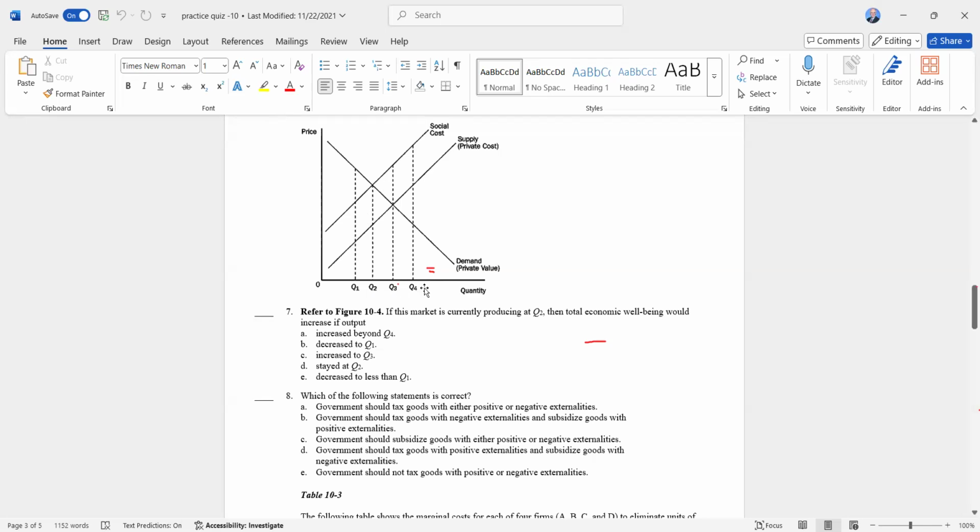If they said Q3 or Q4, you'd want to decrease quantity. And why? At Q1, if you look up, benefit is greater than cost, so you always want to increase when benefit is greater than cost. At Q4, marginal social cost is greater than the benefit, so you want to decrease.